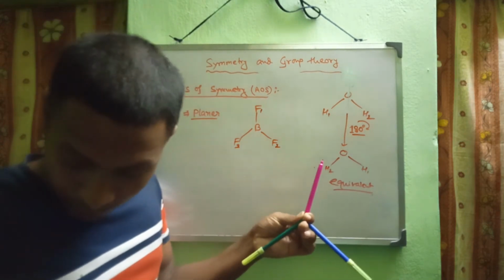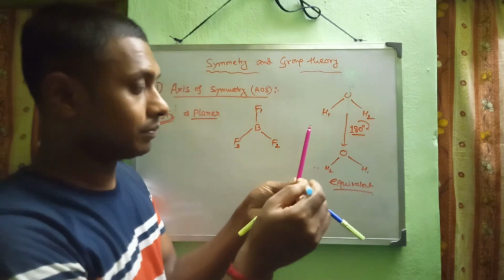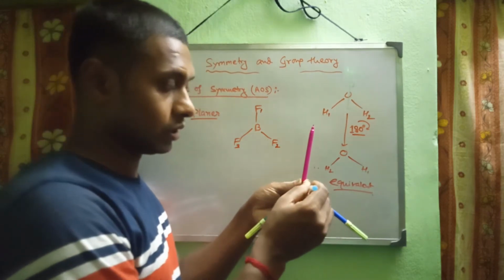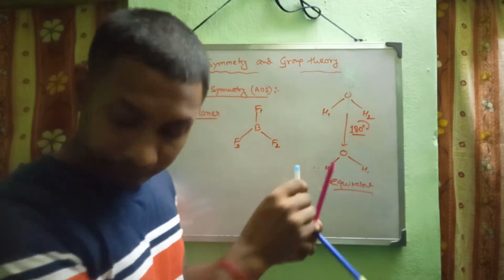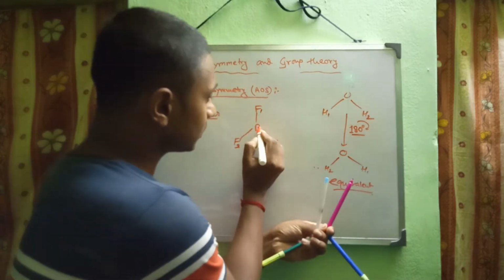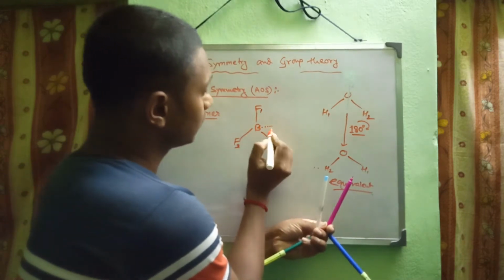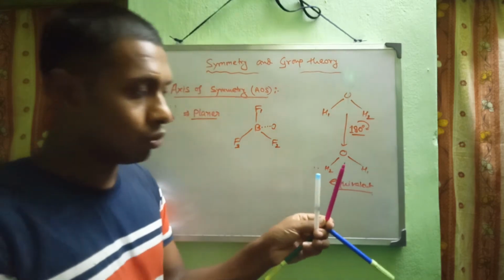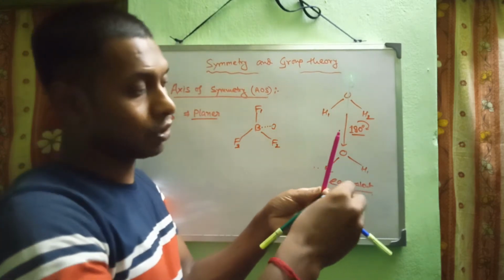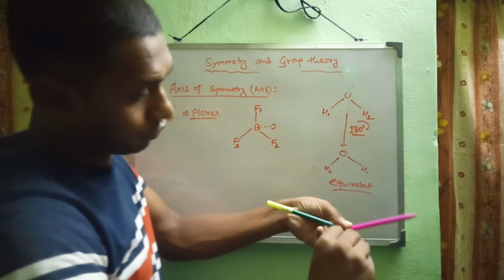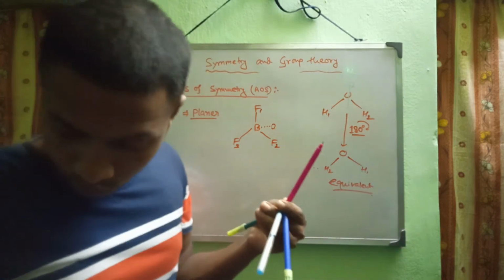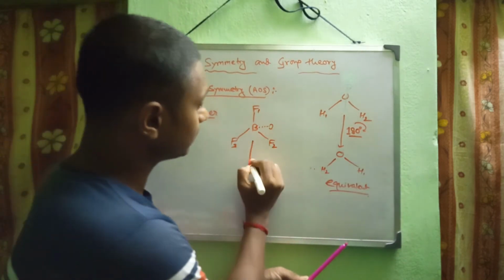And if we pass an imaginary plane passing through only the boron atom, and rotate the molecule by an angle of 120 degree, we get an equivalent configuration.